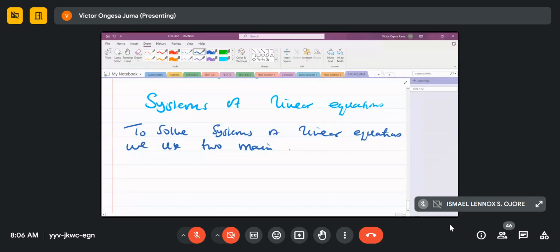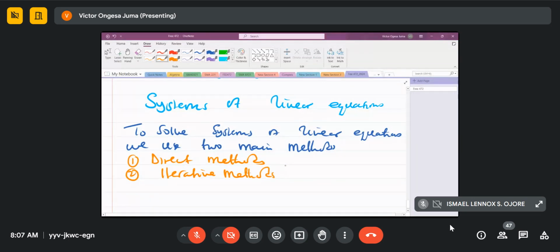So we use two main methods. One is what we call the direct methods, and two is what we call the iterative methods.